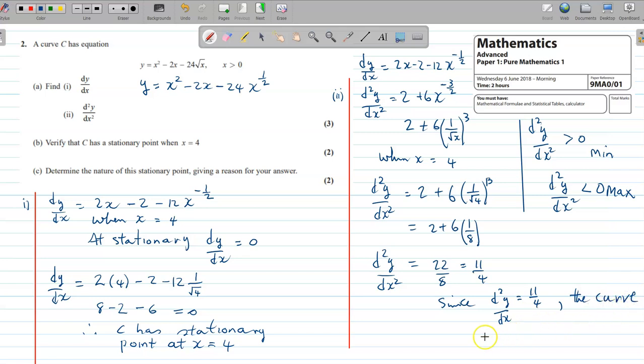The curve C has a minimum point. Here ends question 2.